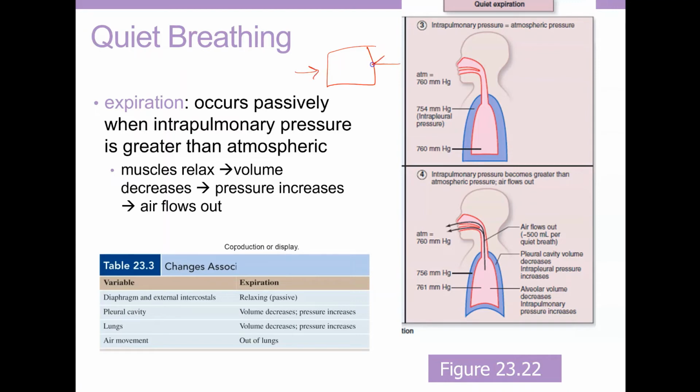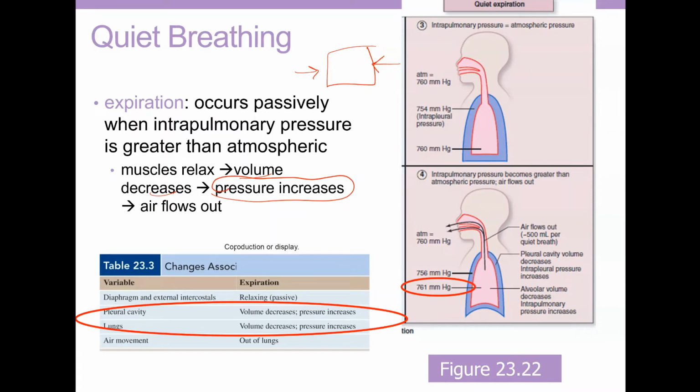So the volume's going to decrease now. If volume decreases, remember Boyle's law, pressure increases. If pressure increases, now we've got high pressure in the lungs compared to the lower atmospheric pressure. And so that's going to push air out of your lungs.